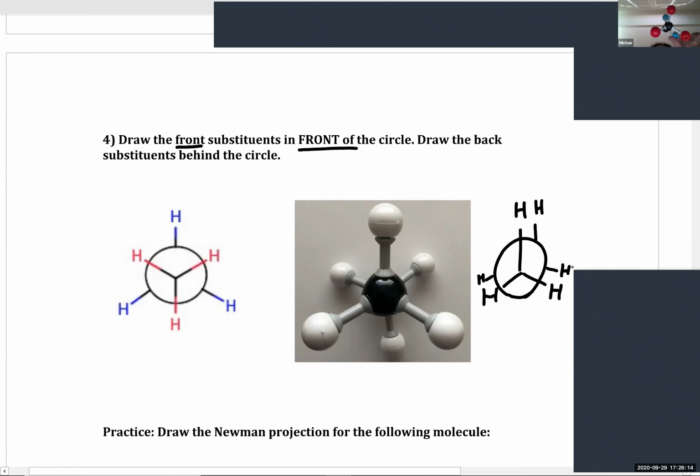And we draw our back substituents behind the circle. Does this make sense to everyone? Front substituents in front of the circle, back substituents behind the circle. Does that make sense to everyone?